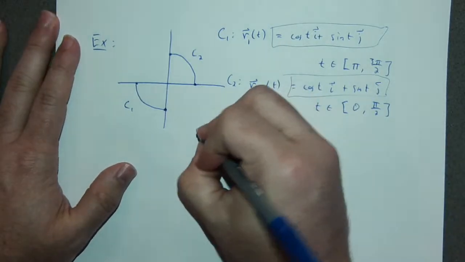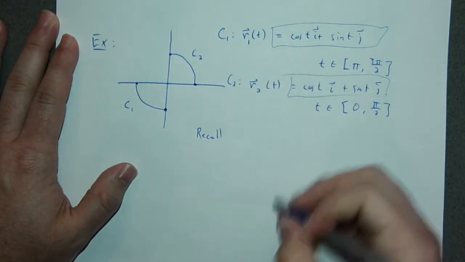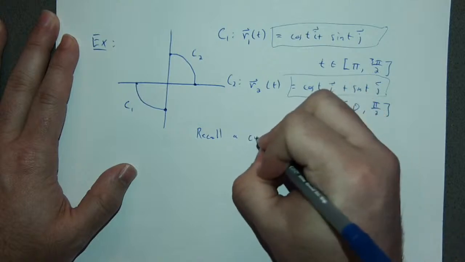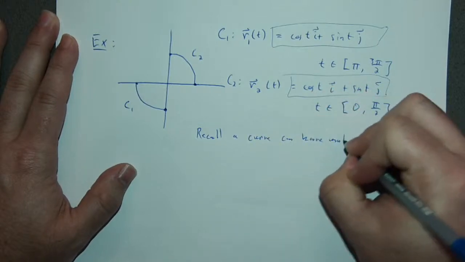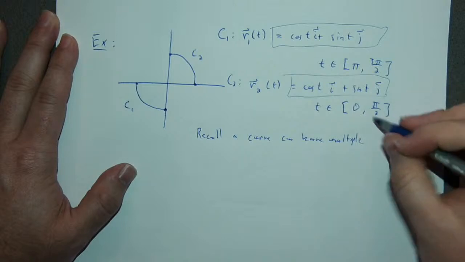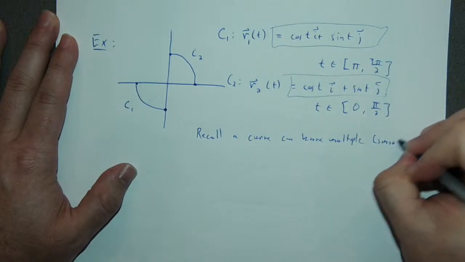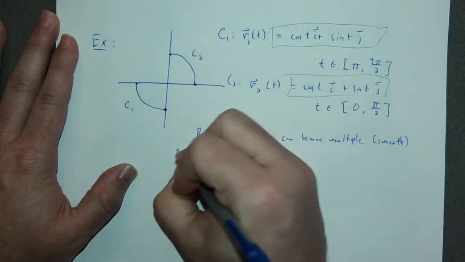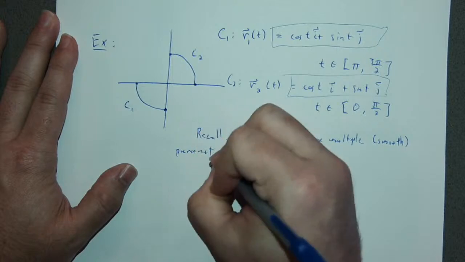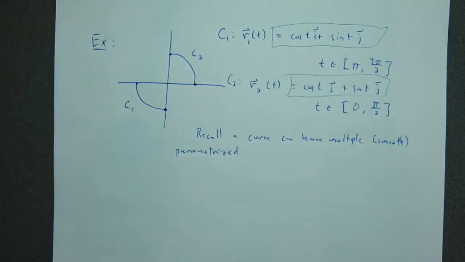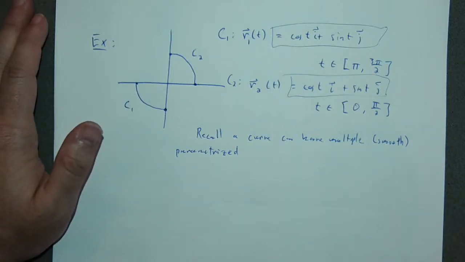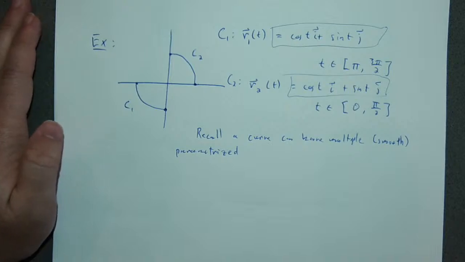Similarly, recall a curve can have multiple, even smooth, parameterizations. So I suggest you go back and have a look at some of the lectures on curves to remember what a smooth parameterization is, right? There was a definition of a smooth curve, which was a curve that had a smooth parameterization.